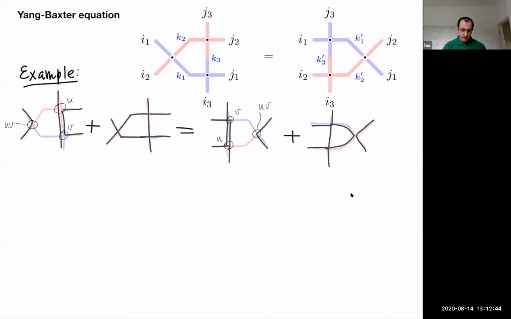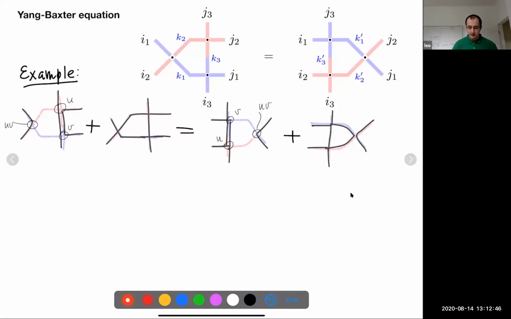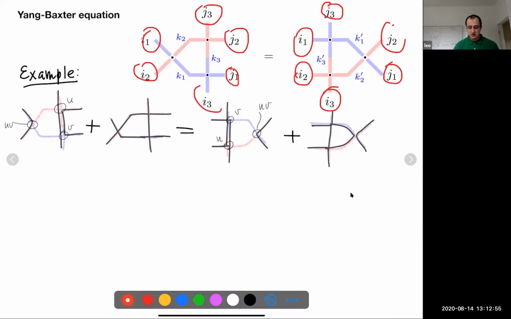And the Yang-Baxter equation tells you that if you fix the boundary conditions, boundary numbers of vertices, i's and j's, and you sum over all k's inside, then the partition function of the configurations on the left is going to be equal to the partition function of the configurations on the right.